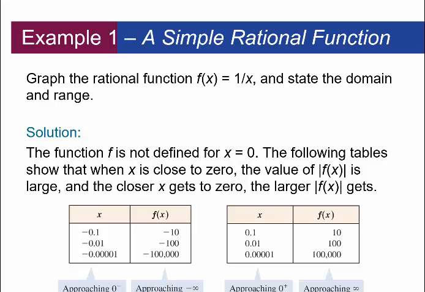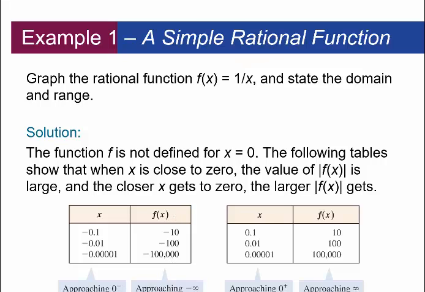The following table shows that when x is close to 0, on each side, the absolute value of f of x is large, and the closer x gets to 0, the larger this gets. If you take these numbers here, negative 0.1, negative 0.01, negative 0.00001, and plug them into your function, these are the values you would get.